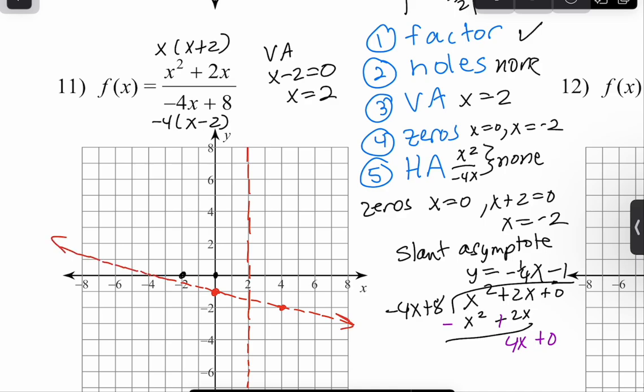That's a slant asymptote. Now, I'm not going to be super concerned about slant asymptotes, but slant asymptotes are a thing. So I want you to be able to find a slant asymptote. But again, it's not my biggest concern about life.